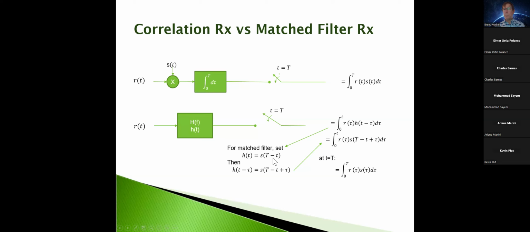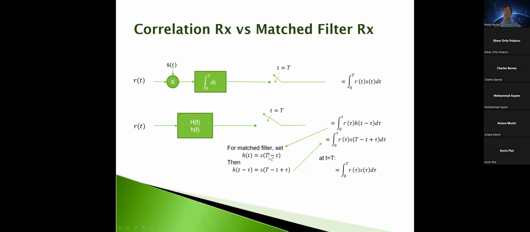We're going to negate the time, so we're flipping it in time, and we're then offsetting it by this value T. That helps make it realizable, right? So that if we flip it around 0, then we end up with negative stuff.